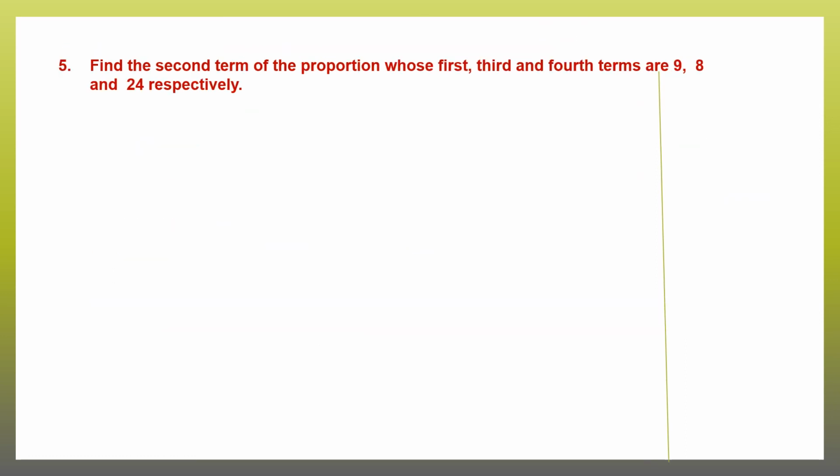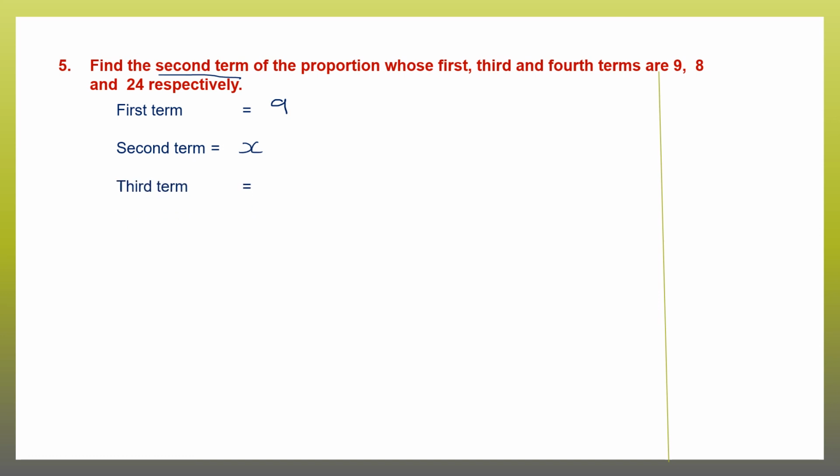Question 5. Find the second term of the proportion whose first, third and fourth terms are given. So what is the first term given to us? The first term is 9. The second term we are asked to find. It says find the second term, so let's write x there.